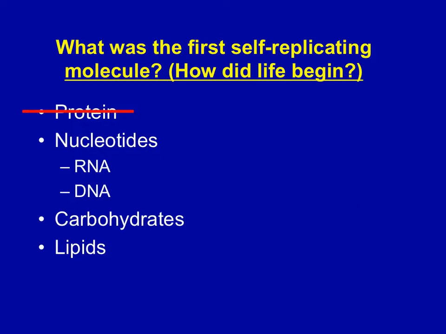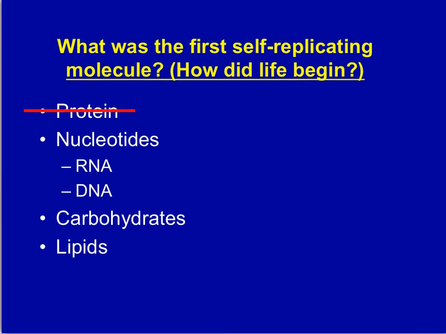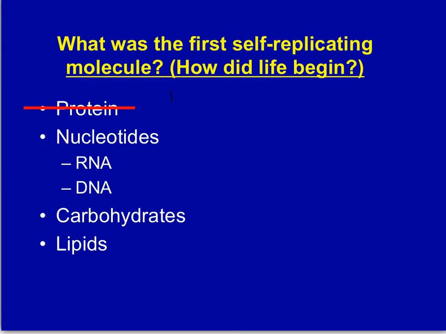Proteins are not it because, number one, there is no self-replication, and they do not store long-term information, okay? And those two things prohibit protein from being that first self-replicating molecule that had material in it.